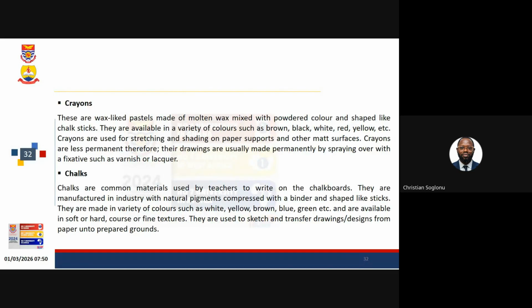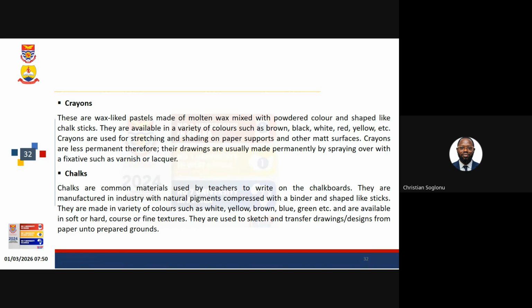They are made in a variety of colors, such as white, yellow, brown, blue, green, etc., and are available in soft and hard, coarse or fine textures. They are used to sketch and transfer drawings from paper onto prepared ground.